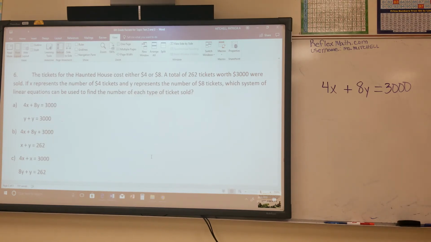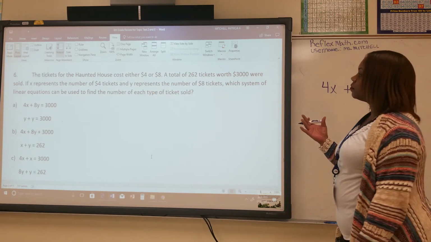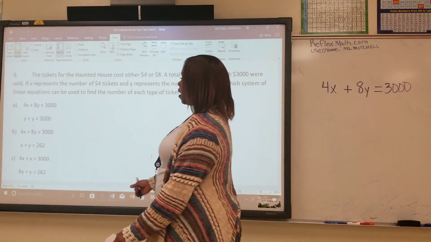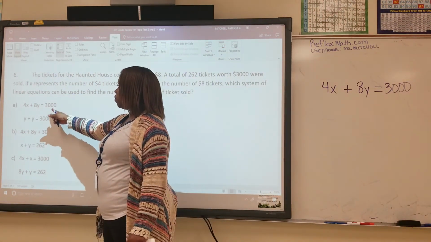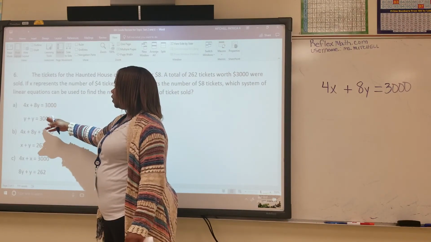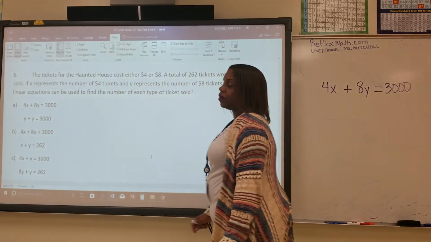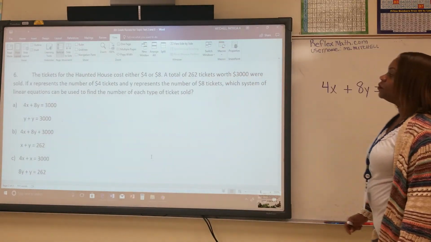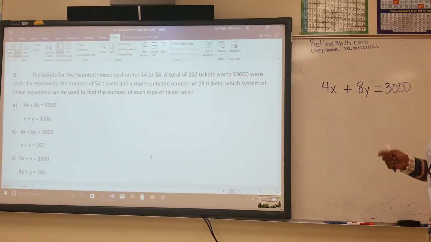Okay? And then you see this option here? They have two equations, all right? They have a top equation, and then they have a bottom equation, okay? So we know that a total of 262 tickets was sold, but we just don't know how many of each.